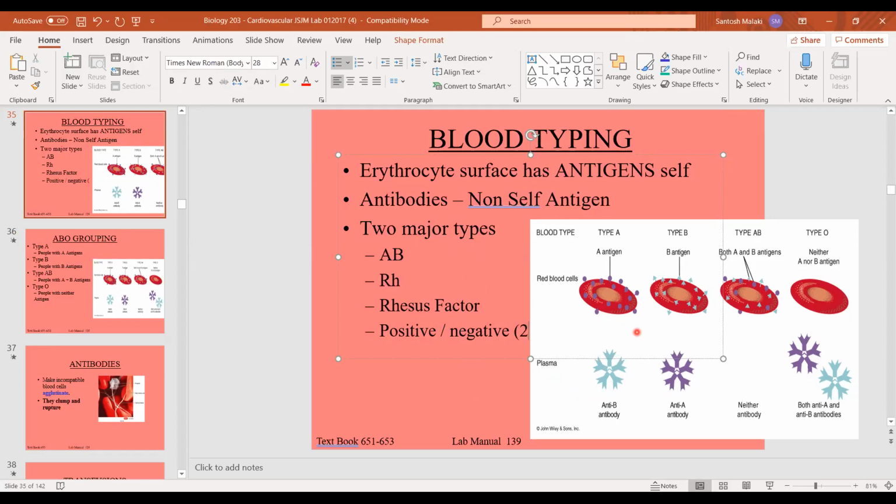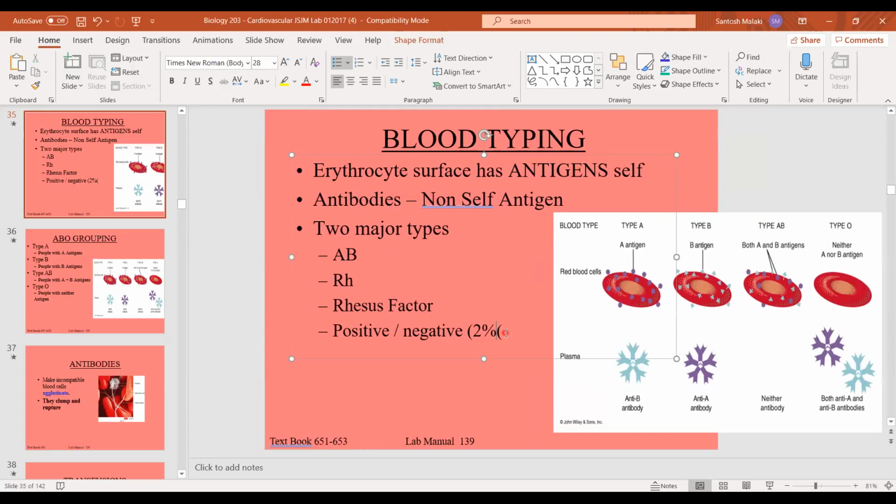And only 2% of the world population is born negative, meaning only 2% of the population has no rhesus factor. 98% of the world population, including possibly you and me, have the rhesus factor. And if you have it, we say you are positive.